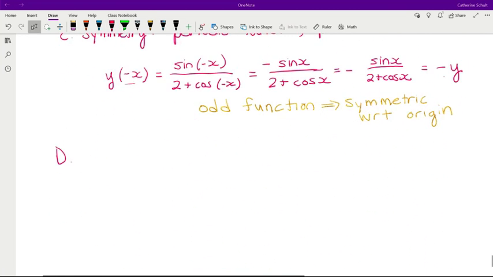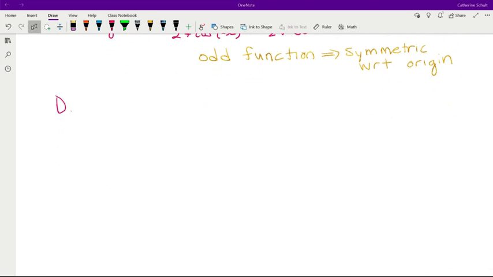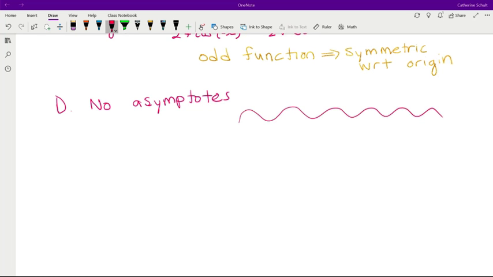So no vertical asymptotes. As x goes to positive and negative infinity, it's just going to oscillate. It's not going to tend towards a line. So there's no asymptotes in our case. So no domain restrictions, and we have a periodic function. So at the infinities, again, it's just going to go through the values over and over again.